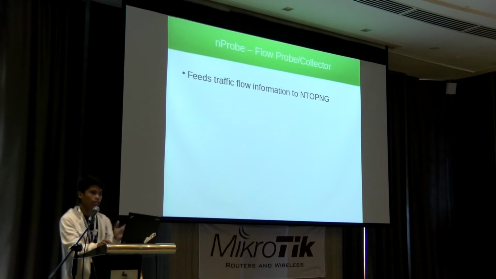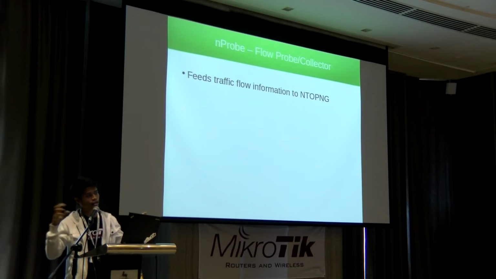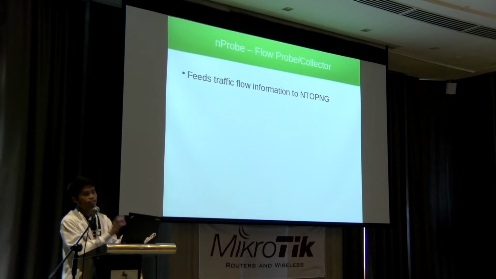So meaning to say, traffic that is being gathered at the RouterOS will pass first to nProbe. And then NTOPNG is going to collect and analyze all the traffic that has been gathered by nProbe.